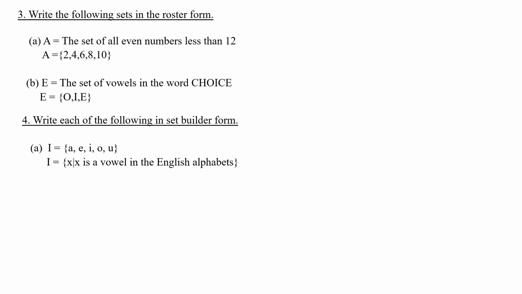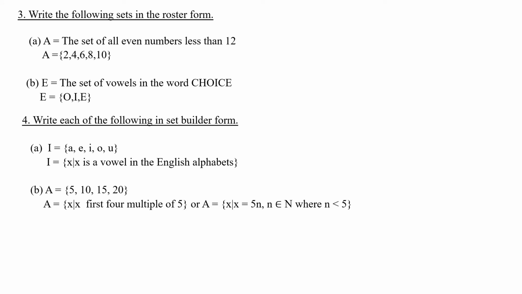Okay. Now we'll move to B1. Set A equal to 5, 10, 15, 20. Now can you see this is a multiple of 5 and it is given till 5 fours are 20. So it is a finite set. So I'll write set A equal to open curly bracket X such that X is the first 4 multiples of 5.